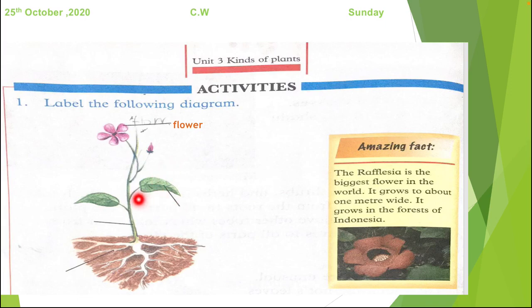Label the following diagrams. Now you can see there is a diagram over here and they have drawn the lines. So starting from the upper side, now you have to tell us what is this. What is this? This is flower.